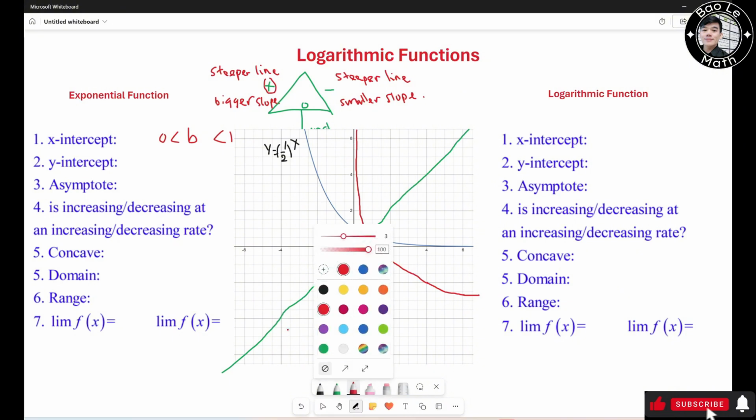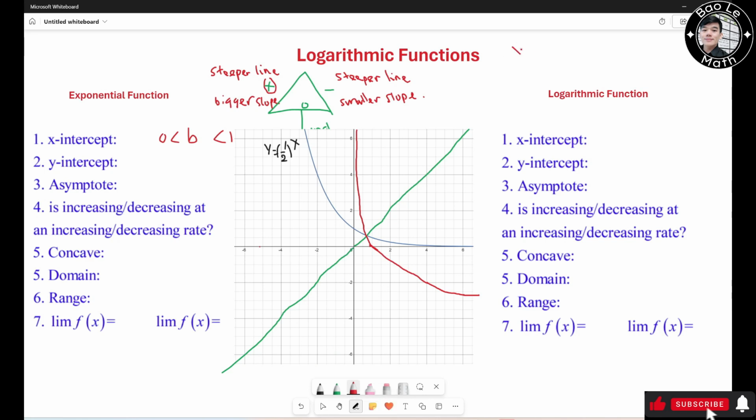Now, in order to find the logarithmic function, I'm going to rewrite the exponential function y equals 1/2 to the x. I just swap x and y, so it turns out to be x equals 1/2 to the y, right? I look at the base right here, it's going to be 1/2. So I take log base 1/2 of both sides. I have log base 1/2 of x, and on the other side I bring y to the front.